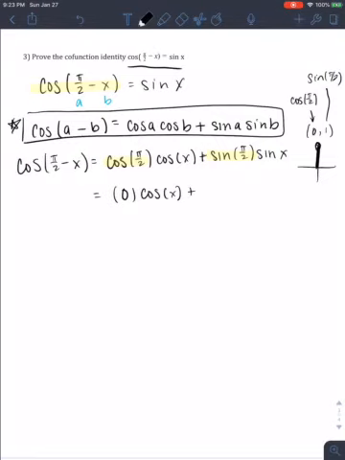Plus the height from the middle is 1 times the sine of x. So what happens to the first term? It goes to 0. So we get the cosine of pi over 2 minus x is equal to sine of x. Ta-da!